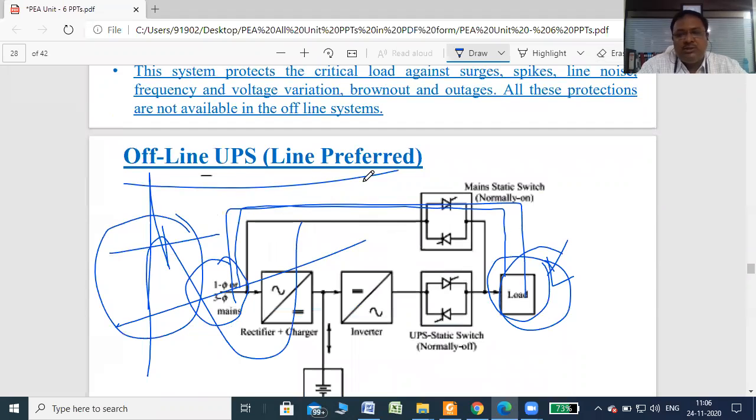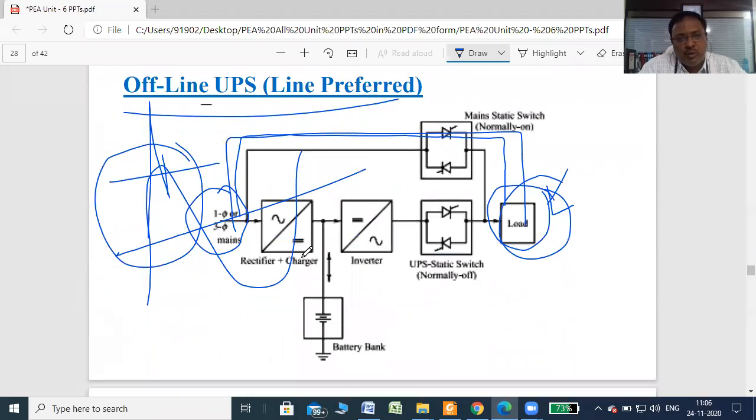You cannot use this offline UPS for critical load, because the load is continuously fed through the AC mains, and this AC mains is not a constant voltage, not even a constant frequency. Maybe many types of interference are added. So for critical load, offline UPS is not preferred. It is used for normal load.